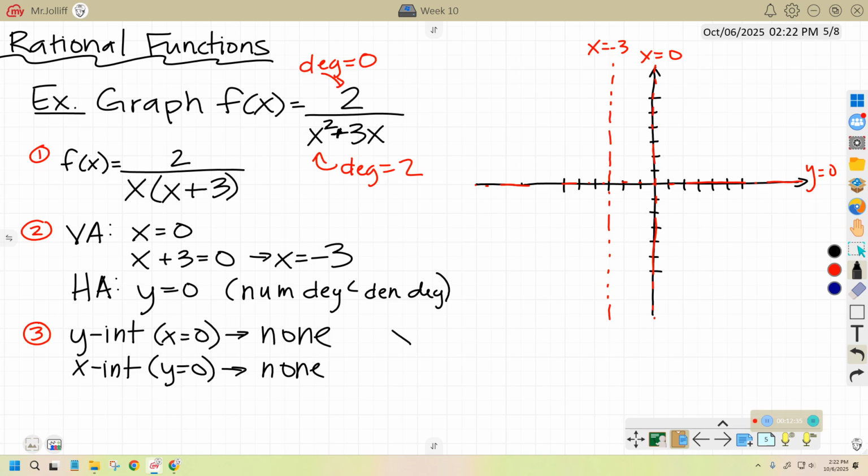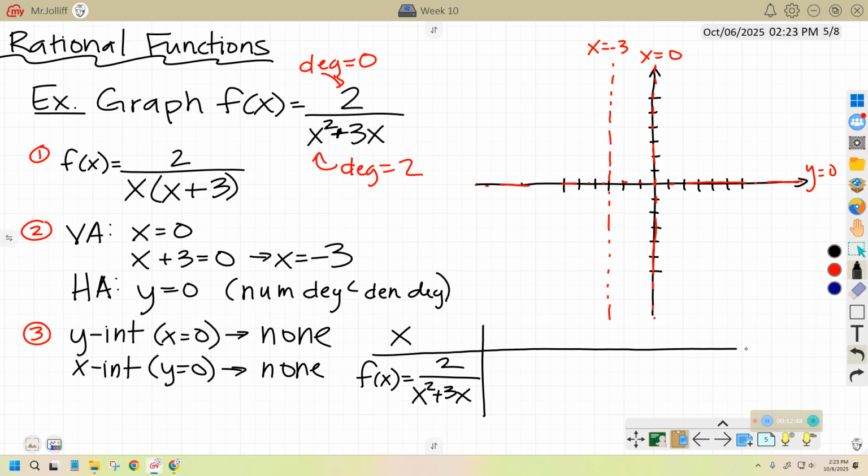Now it's just a table of values. So I'm going to do that below my table, x, and then f of x equals 2 over x squared plus 3x. We're going to pick some x values. So don't groan. You know how to do this. We have 3 areas, so we should pick points in each area.